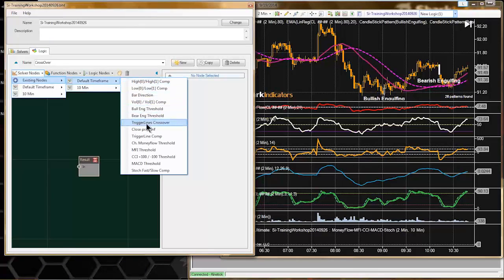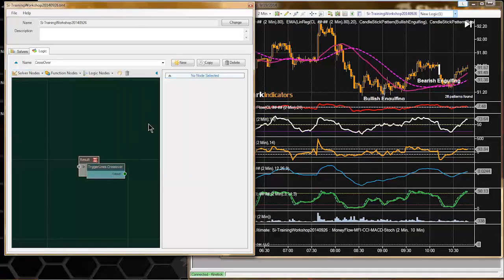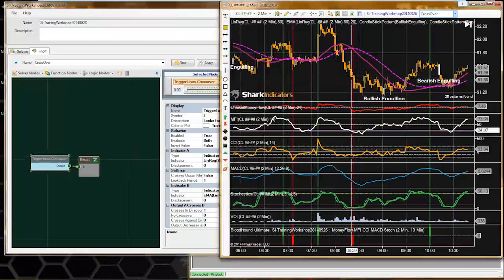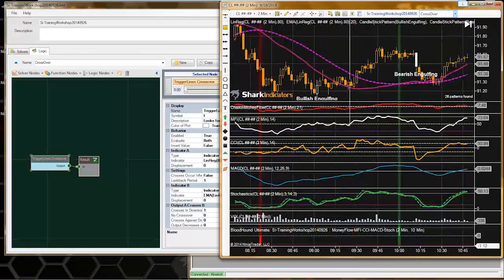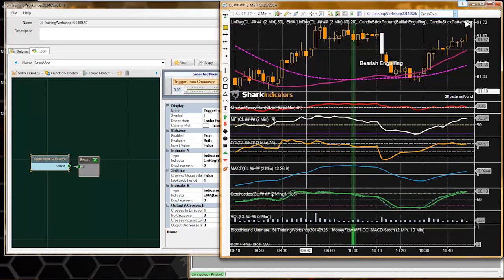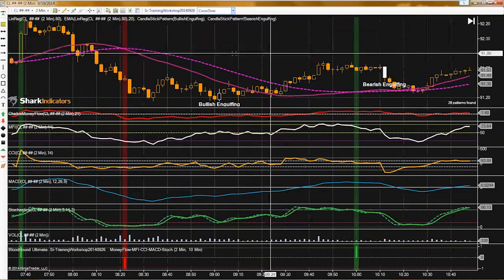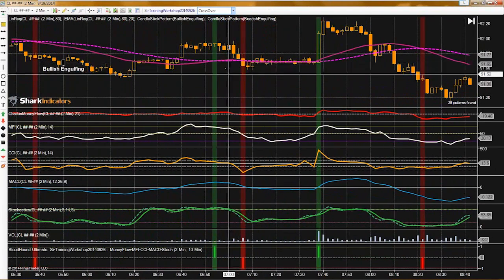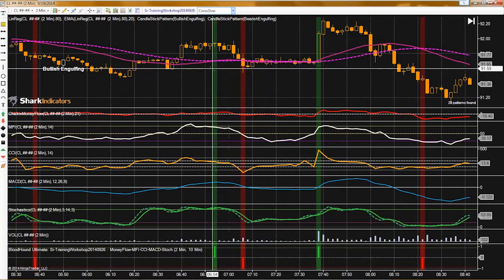I already have a solver there. There's our trigger lines crossover. So I already have this solver built. Let's expand the chart out a little bit to make this easier to see. There we go. We can see a bunch of crossovers.